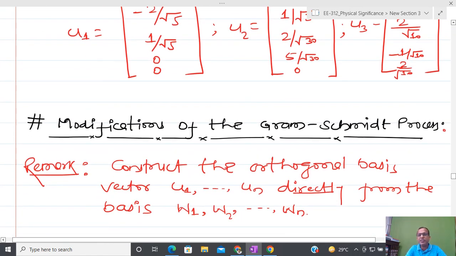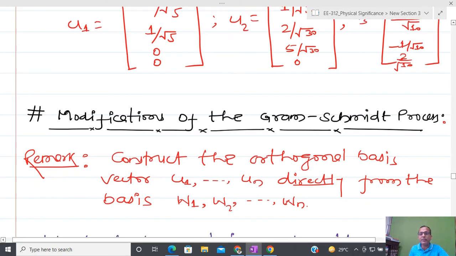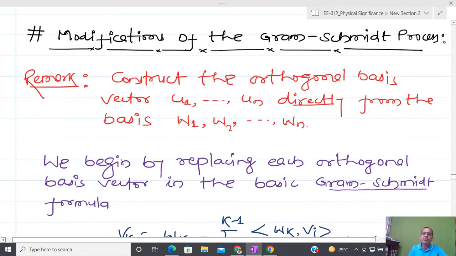The same construction algorithm, the Gram-Schmidt process, you can construct in another way also, so I am going to give an overview of that. Why am I giving so much emphasis on this? Because whenever you are doing mathematical modeling or analysis, you have to select the coordinate system.